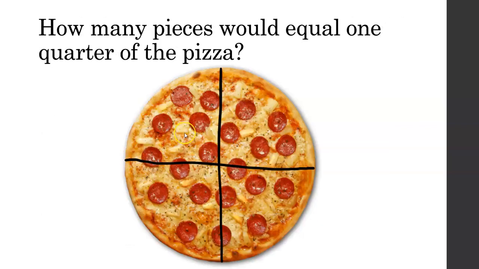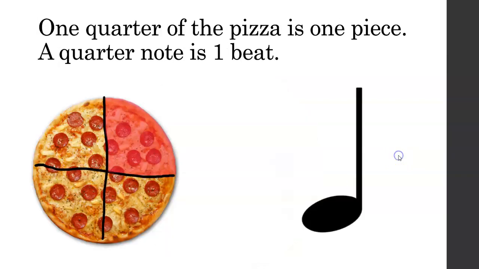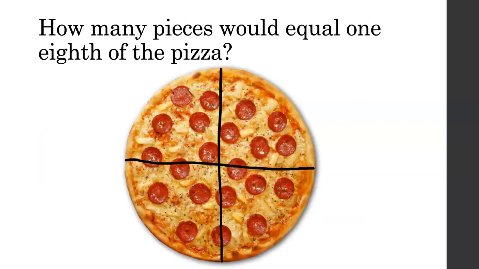Okay, now we've got 4 pieces here, but how many pieces would equal 1/4 of the pizza? Remember, 1/4 is 1 out of 4, so I would be eating 1 piece of pizza, just like a quarter note is 1 beat.